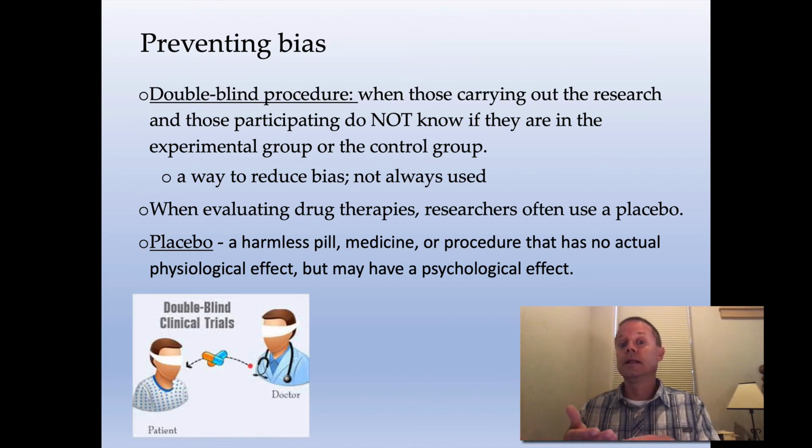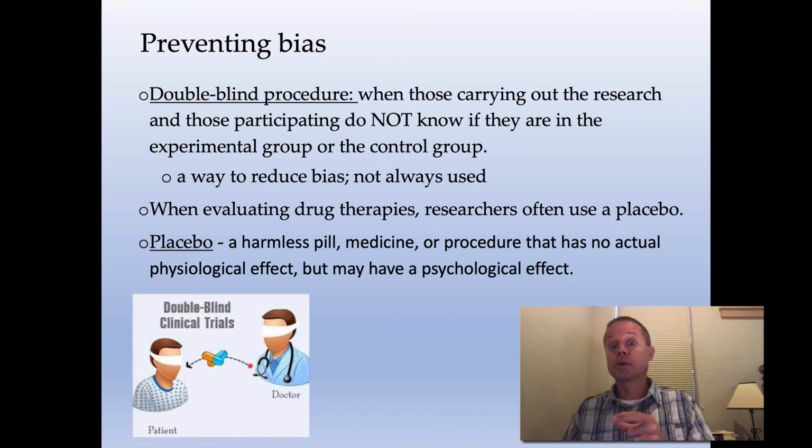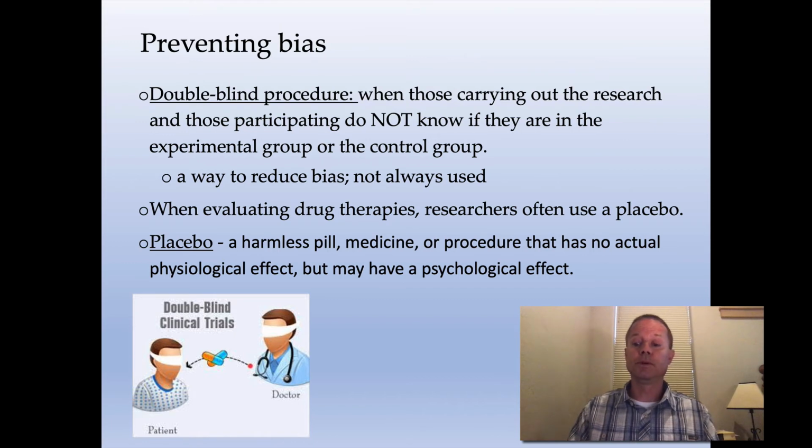So the placebo is a pill that would look just like the real pill, but it wouldn't actually do anything. Sometimes, if people think they're getting a medicine, they might feel better just because they think they're getting a medicine. So the placebo neutralizes that. So that's a way to reduce bias also.